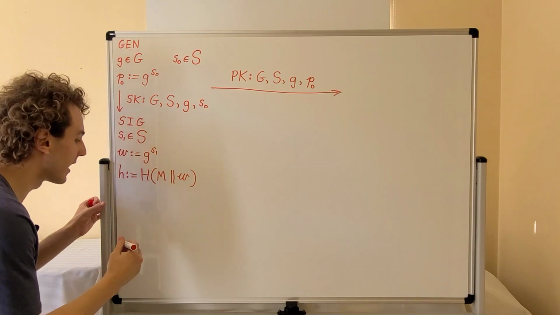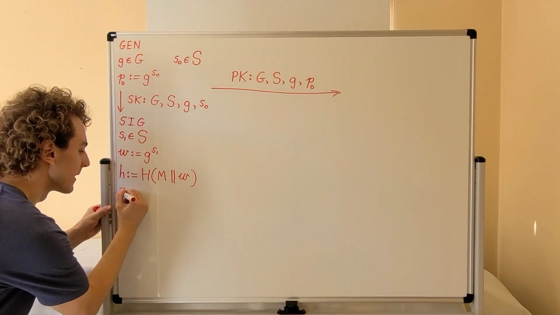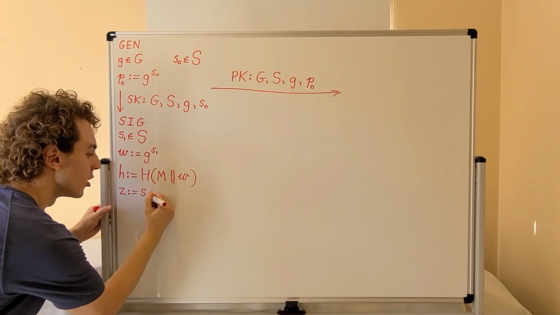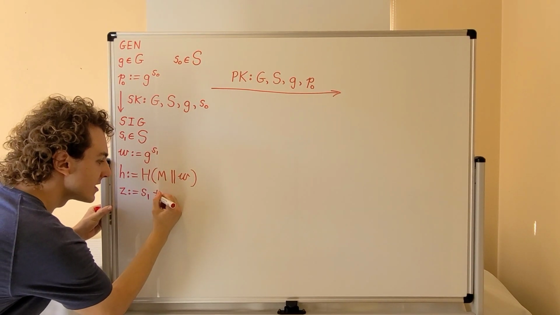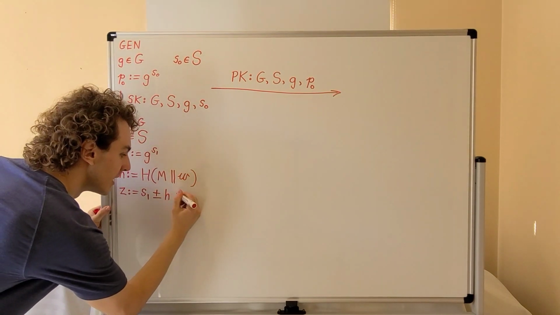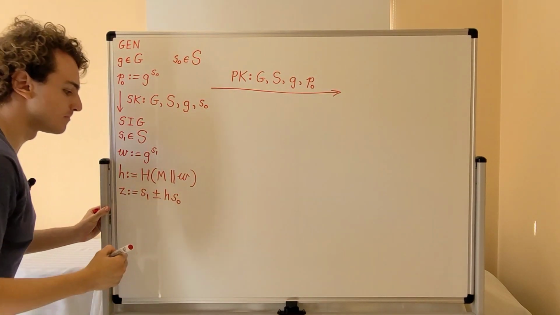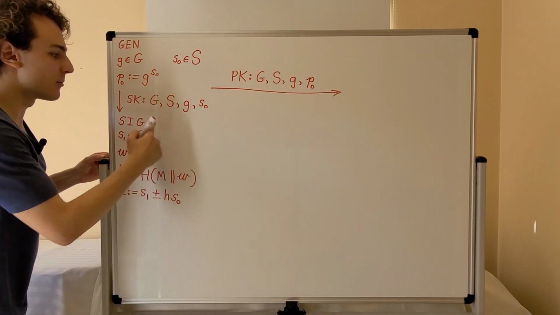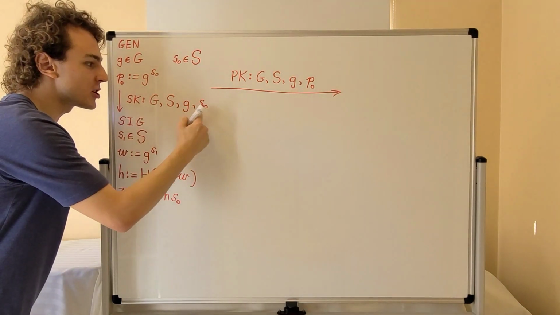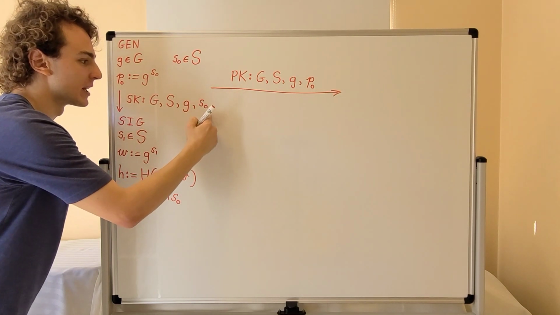And now we're also going to define a value Z. Z is defined as S1 plus or minus, depending on the convention choice, H times S0. S0 has come from the secret key. So the secret key has included the generator and this secret value over here.